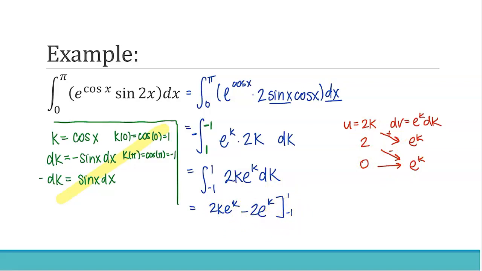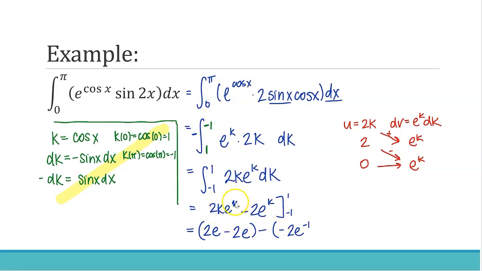We're going to plug in 1 and negative 1. So let's do it. If I plug in a 1 into this k, I'm going to get 2e minus 2e. So that's nice. That's just 0. Minus negative 2e to the negative 1. I'm plugging in negative 1 into this k.